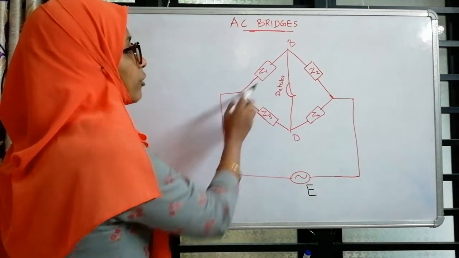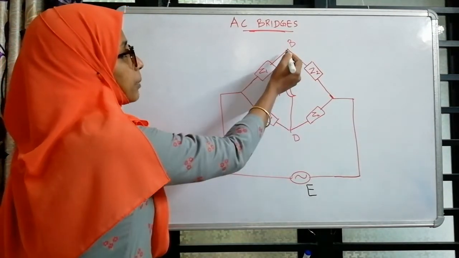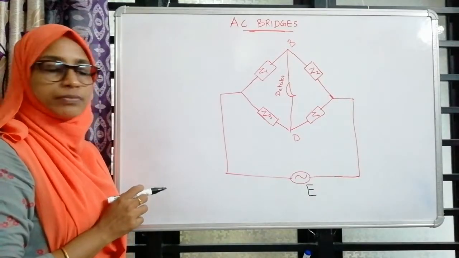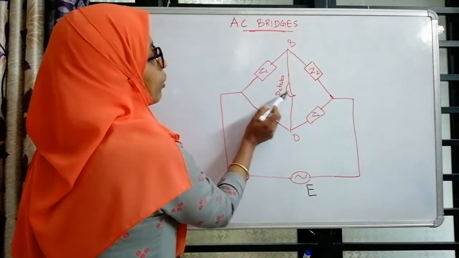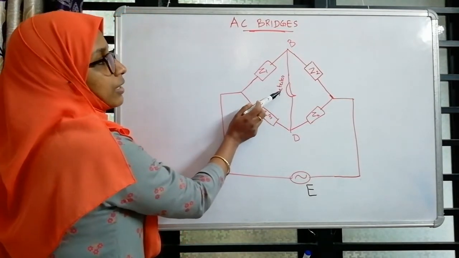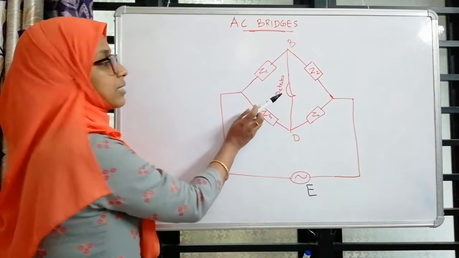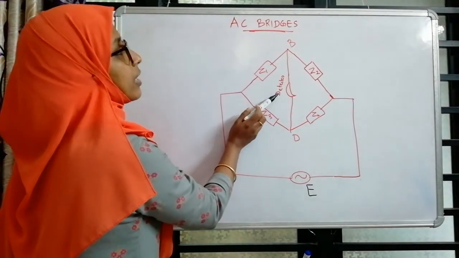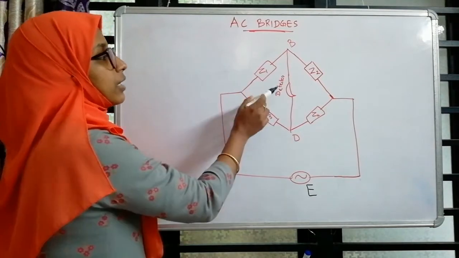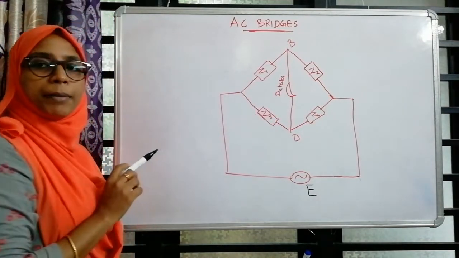The minimum sound will be obtained when B and D are at the balanced condition. That is, a detector or headphone is placed to check when it is balanced. The detector will have the minimum sound.